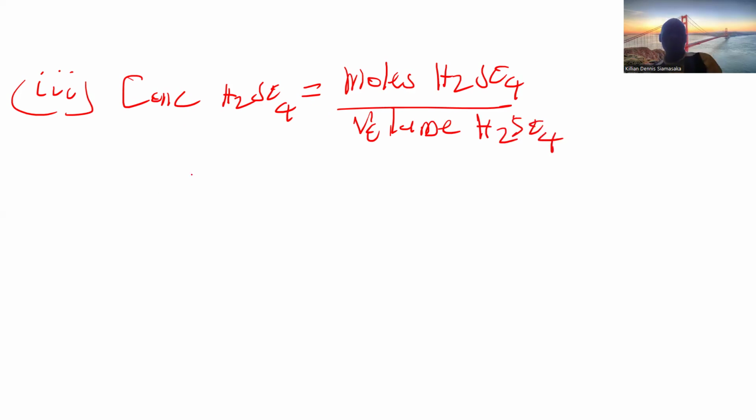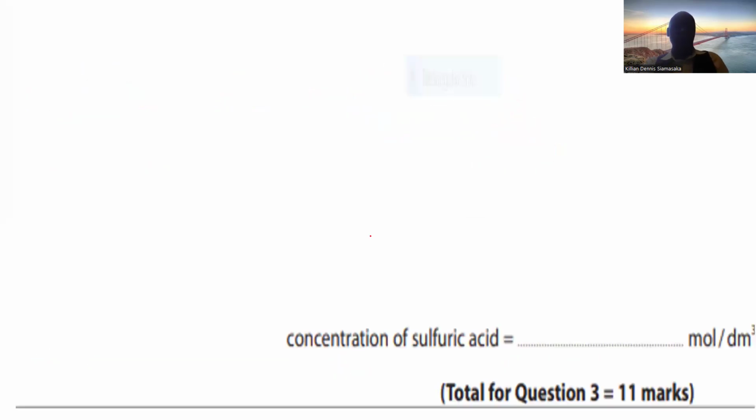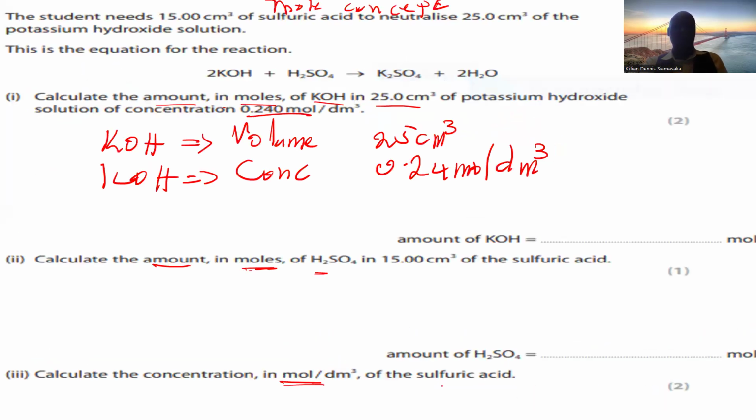And we have just calculated that the moles is 0.003 moles of sulfuric acid divided by the volume. The volume is 15, as you can see from here, this is the volume that we are given.